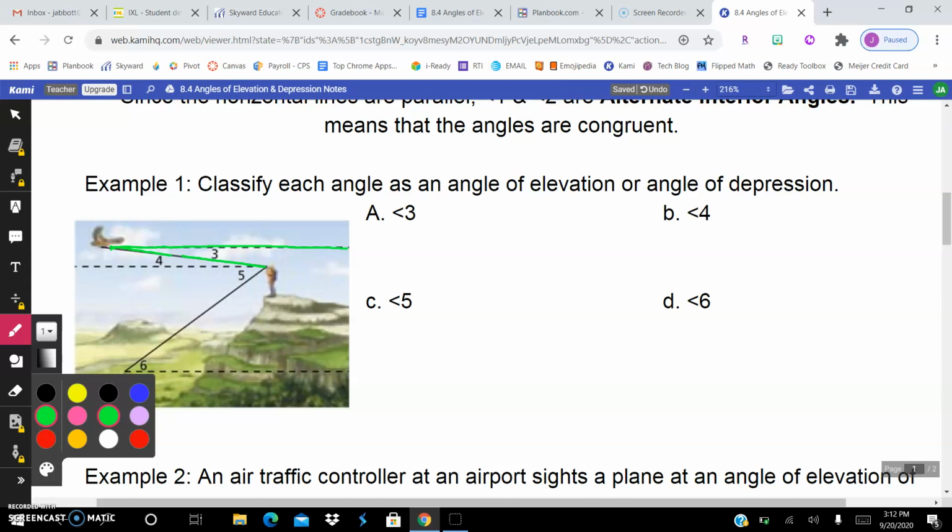So that is going to open underneath the horizontal line, so that is an angle of depression. Angle 4 for part B, here's your horizontal line for angle 4, and here's your line of sight. The line of sight is opening up from the horizontal line, so that is an angle of elevation.